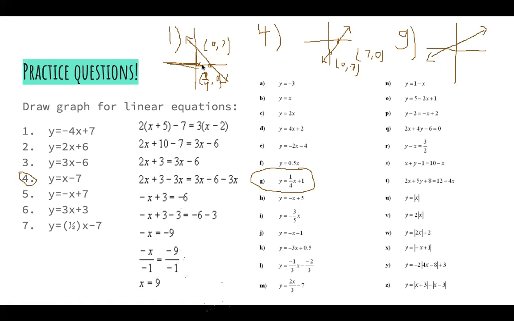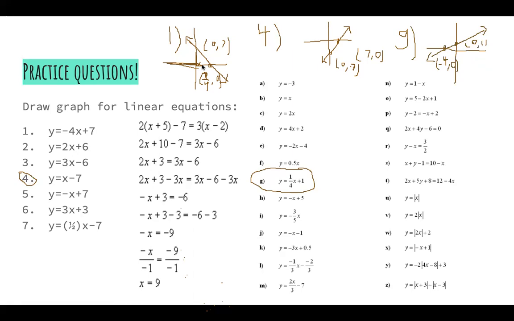Some important points are here, which is (0, 1), and back here, which is (-4, 0). All right, and we can do one more.